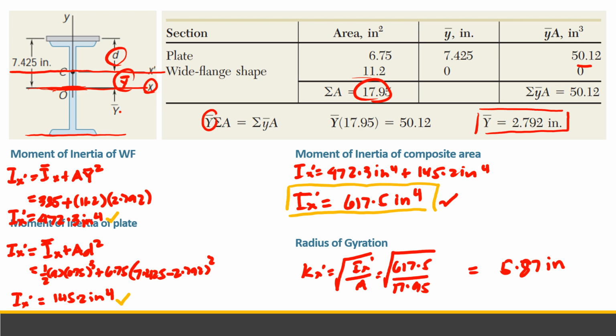So meaning somewhere above the axis. Okay, so that is for the radius of gyration. Okay, so yun lang. So ganun lang. So it is a step-by-step process. So as long as you understand the concept, so masasolve nyo yung problem, no?